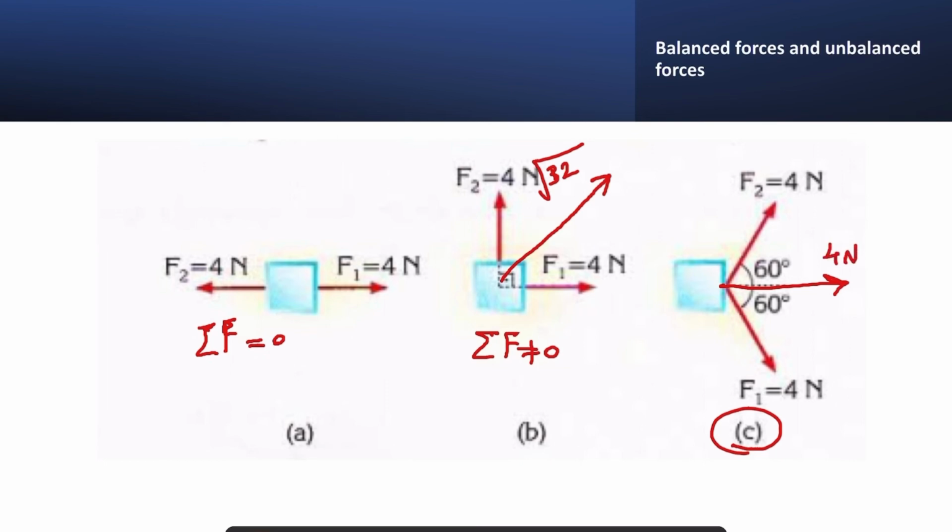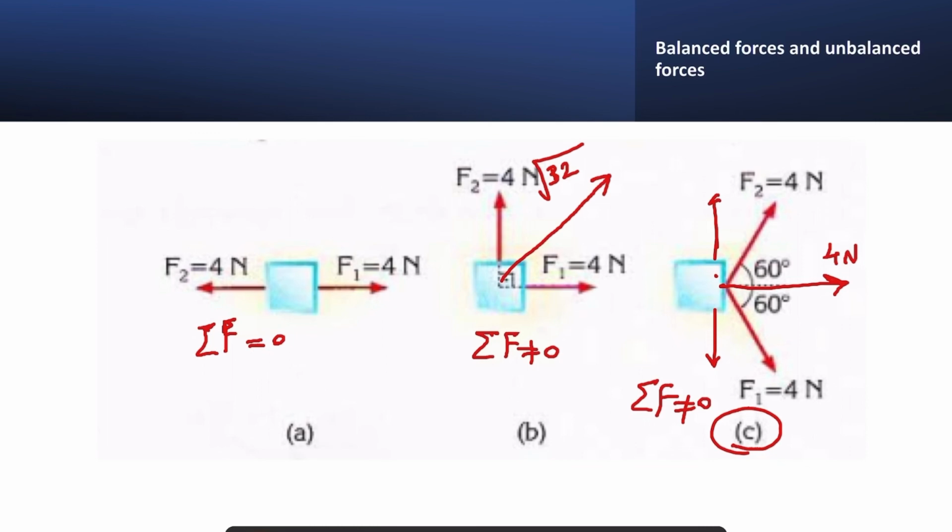The vertical components will cancel each other out, so we will be dealing with only the horizontal components of these two forces. In this case also sigma F is not equal to 0, so we say these forces are unbalanced forces, or this object is experiencing unbalanced forces.